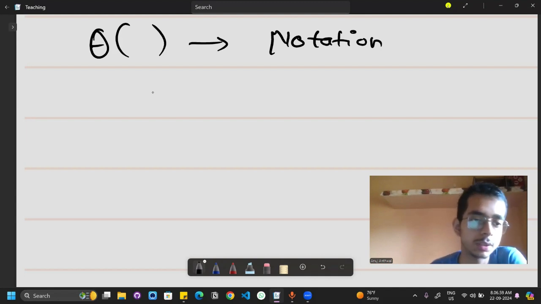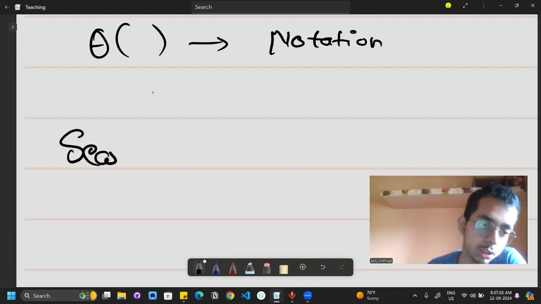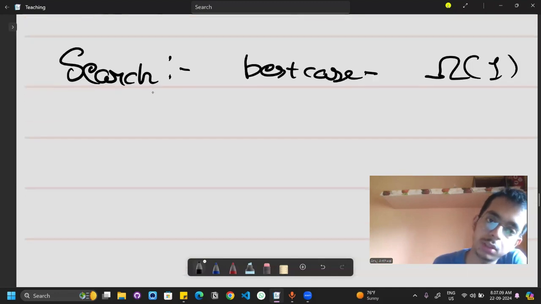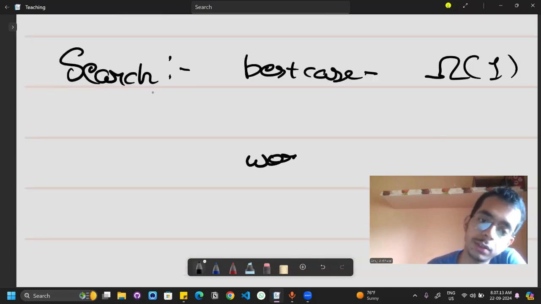Let's say for the search, the best case is when you find the element at first. What is the worst case?